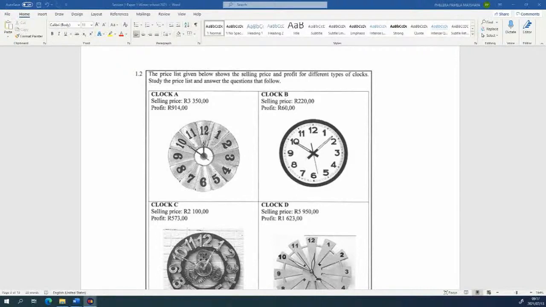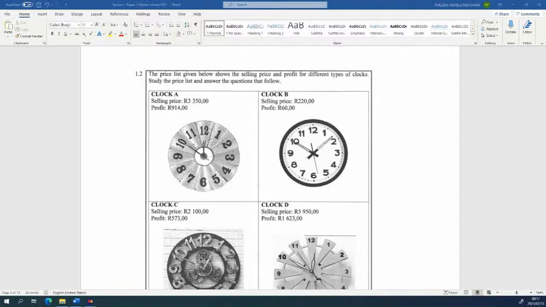Our context deals with selling and the selling price of clocks. So this is for our potential entrepreneurs, maybe someone that intends to sell some clocks. Here is a question based on that.